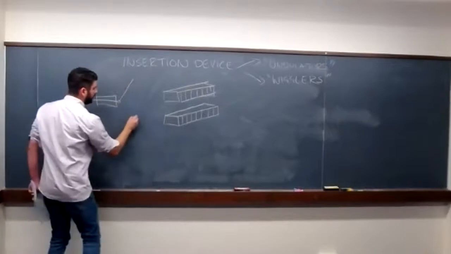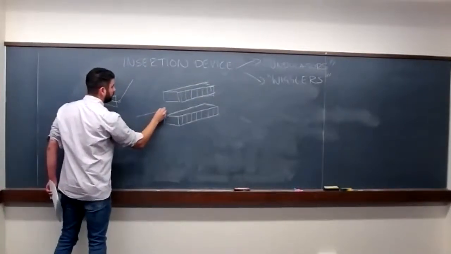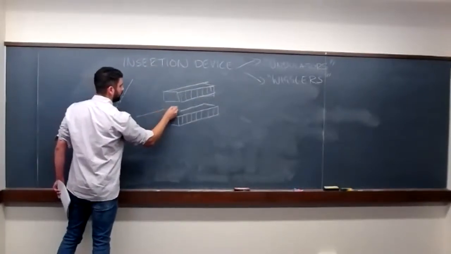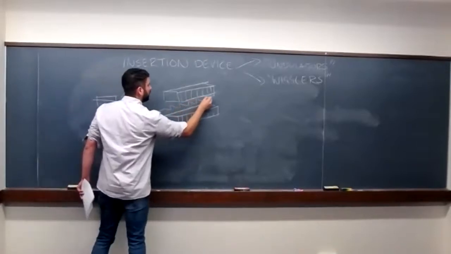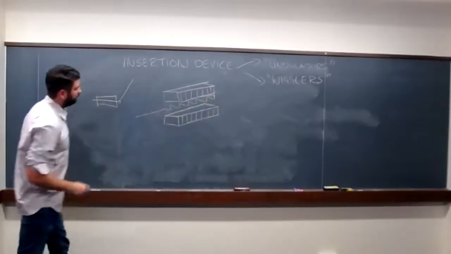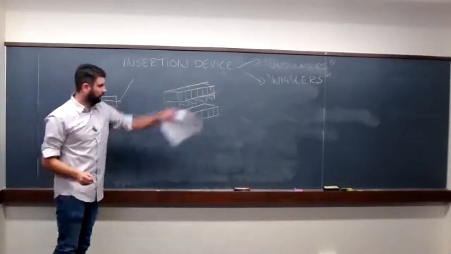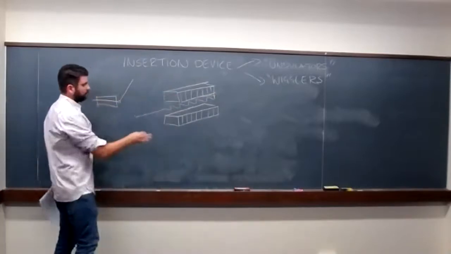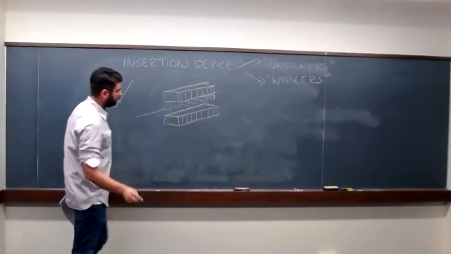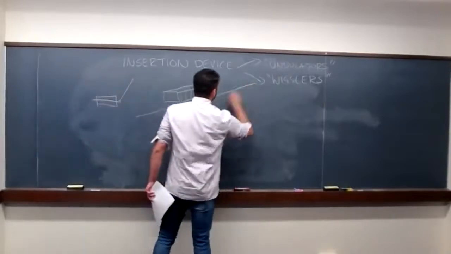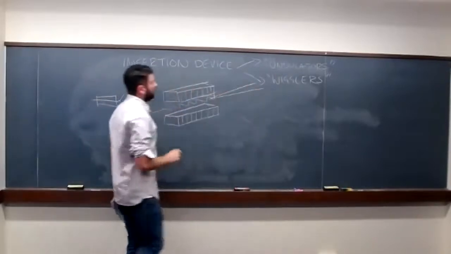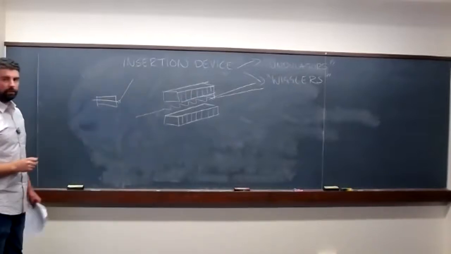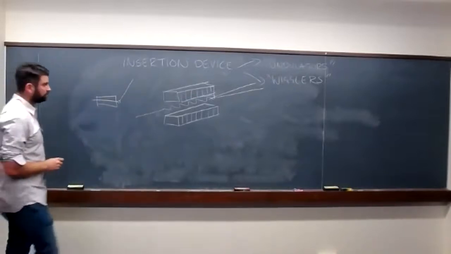And what happens is, as the electron goes through, this tight set of magnets causes the electrons to oscillate back and forth. Now it's accelerating back and forth very quickly, and a boosted beam of light is emitted from the insertion device.